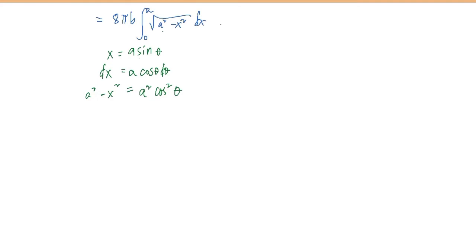So substitute natin. We have here our function 8 pi b integral from 0 to a of the square root of, since the a squared minus x squared is a squared cosine squared, so papalitan natin siya ng a squared cosine squared of theta, and the dx here will be replaced by a cosine theta d theta.